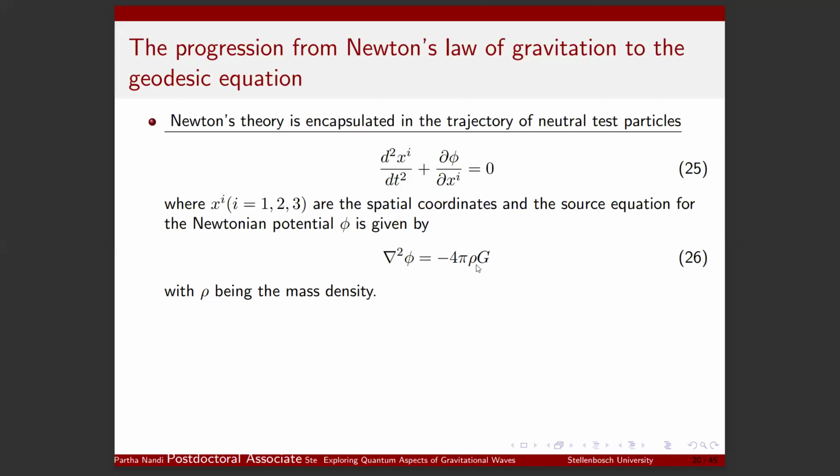But now ask the following question. From our previous observation, we established that potential motion is equivalent to a free motion in curved space. Now the question is, can we reinterpret Newtonian gravitational theory, which is based on potential motion, in the language of spacetime geometry?